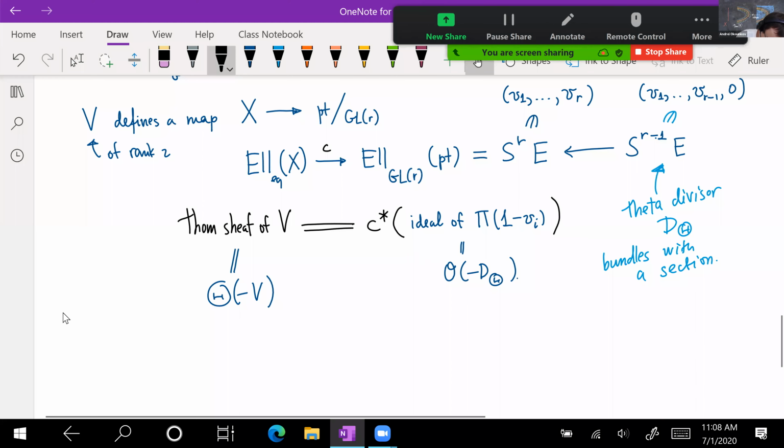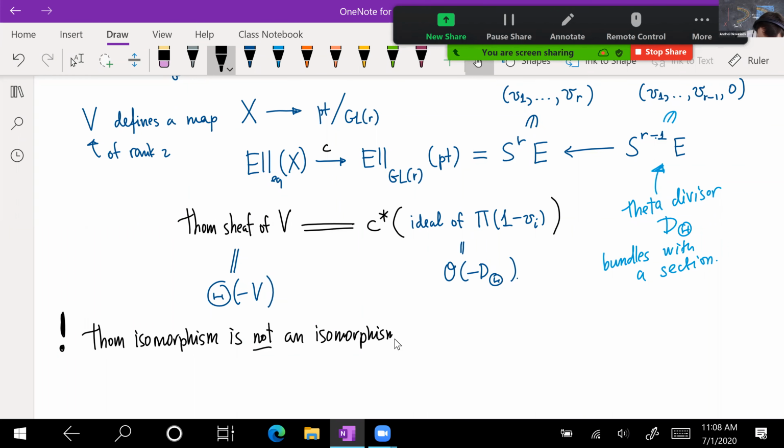So this is a very important point, maybe I'll point it out: the Thom isomorphism is not an isomorphism in elliptic homology.